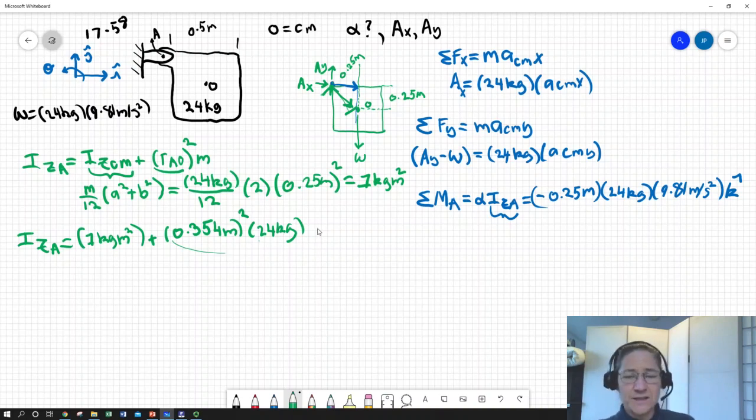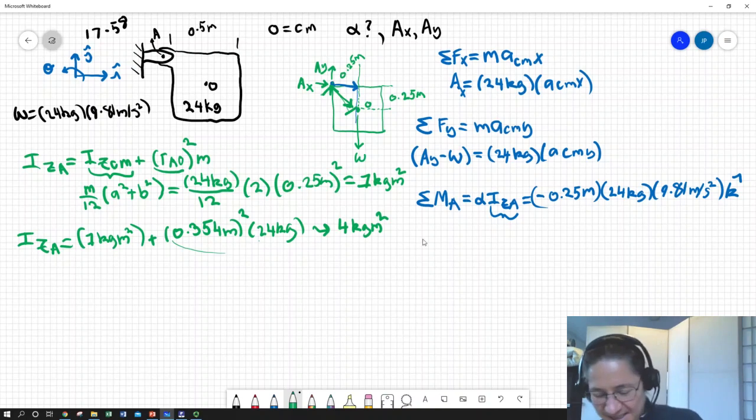It's that distance offset, and this all gives us a value of, which I pre-calculated, 4. Nice round numbers in this case, 4 kilogram meters squared. We're not accelerating yet, so no per seconds or per second squared yet.